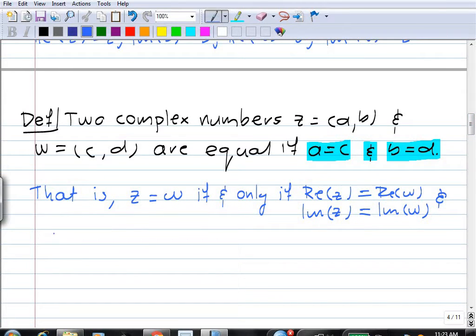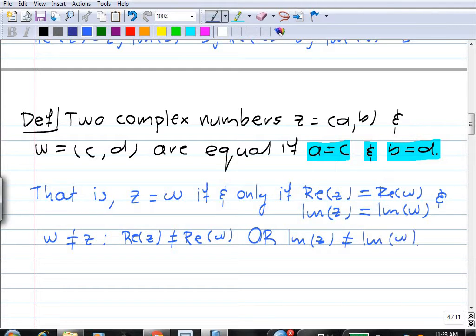So with this definition, when we say z is not w, what we mean is either the real part of z is not equal to the real part of w, or the imaginary part of z is not equal to the imaginary part of w.